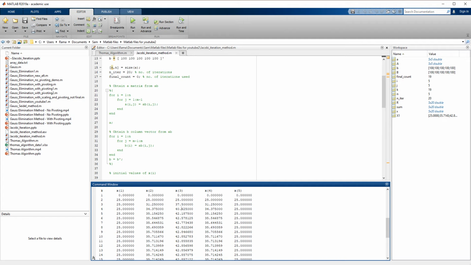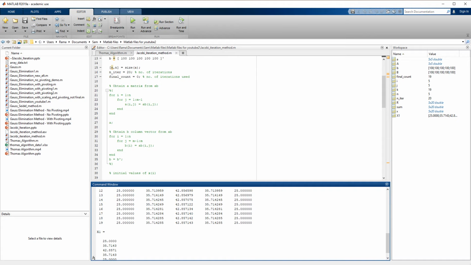So the first 3 rows, the values we already calculated, and the procedure is repeated. Matlab repeats the procedure using the loop specified, and finally we get the final converged solution. x1 equals 25, x2 equals 35.714285, x3 equals 42.857143, and so on.